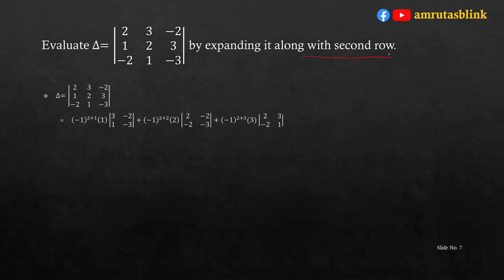So we should write the first element as minus 1 raised to i plus j, that is minus 1 raised to 2 plus 1, because we are expanding it along this second row. So element 1 is the second row first element, hence i is equal to 2 and j is equal to 1, hence minus 1 raised to 2 plus 1 into 1.